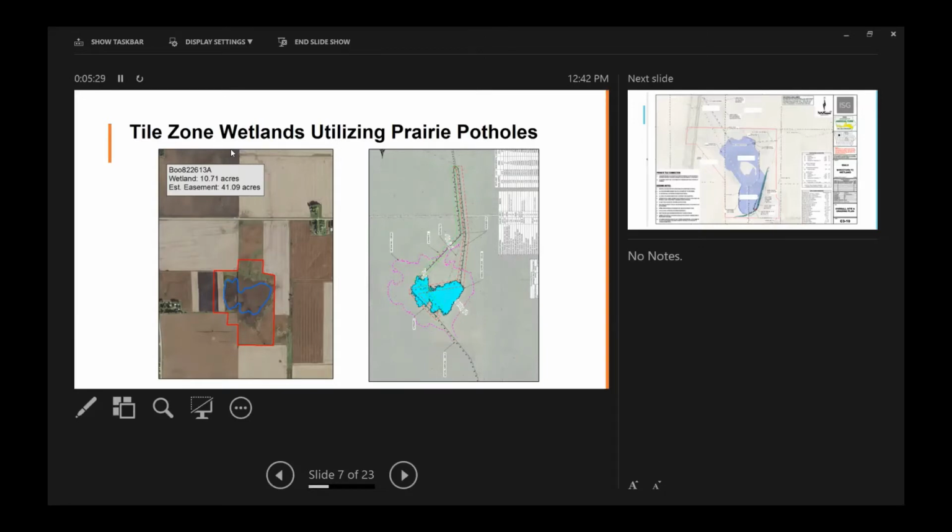We maintain that existing drainage district main, but try to get all the base flow as much as possible over to the pothole, give it the opportunity to denitrify, and then be the water source for other benefits like wildlife benefits there, and then bring that water, once it's been treated, back into the drainage district system.